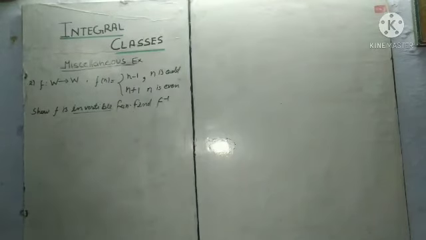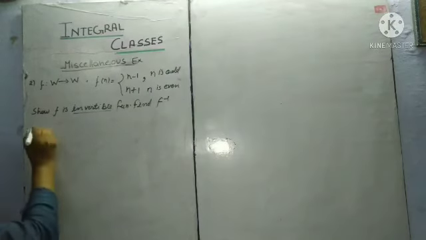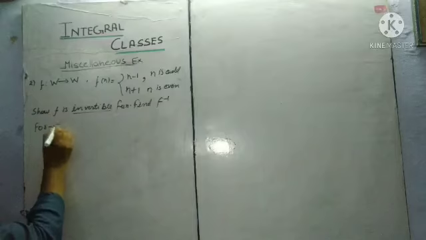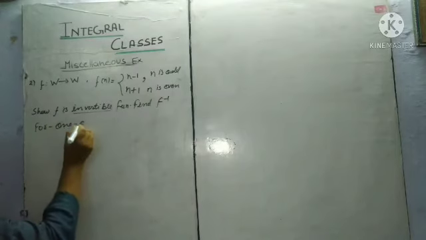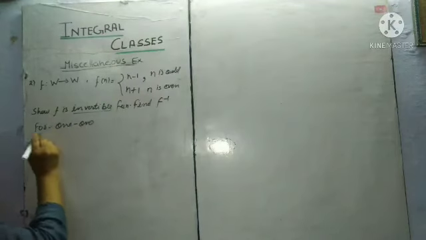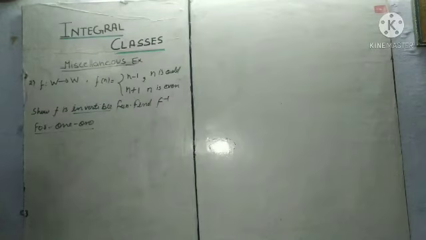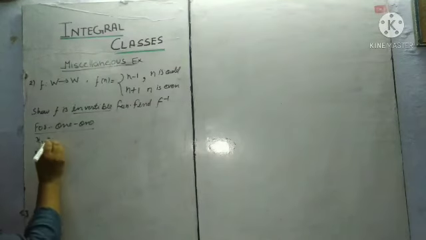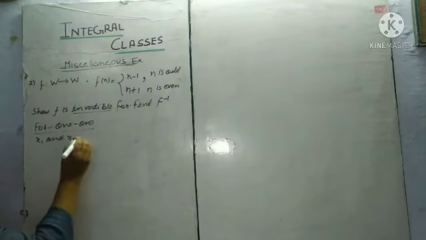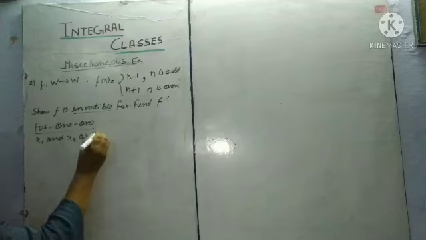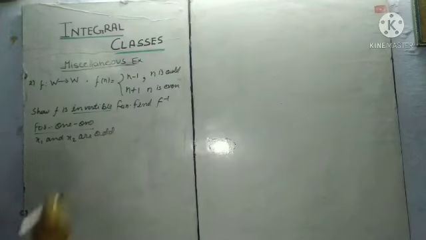Now student, for one-one, first we will show the function is one-one. For one-one, we will consider two values. Suppose we let x1 and x2 are odd. It means both are odd here.